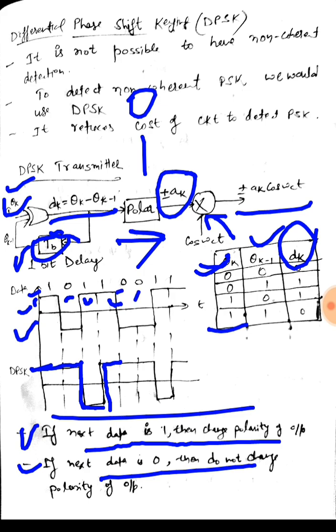Now it is 0 and 0, so it would remain the same till here. Now it is again 1, so it would change the polarity to 0, and last it is again 1, so it will change again. So this is how we can generate our DPSK signal if we have the data input.